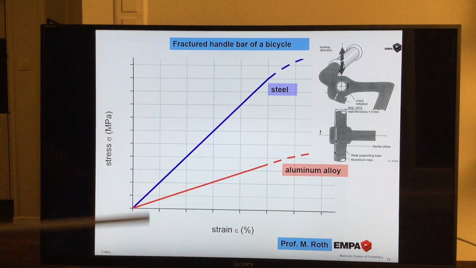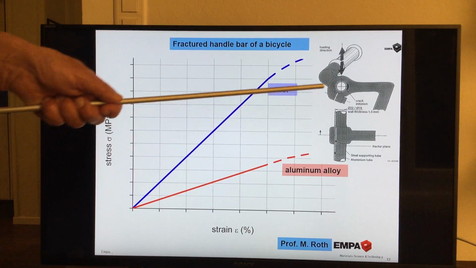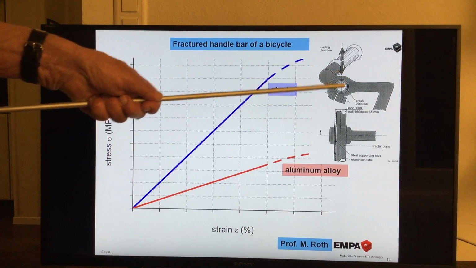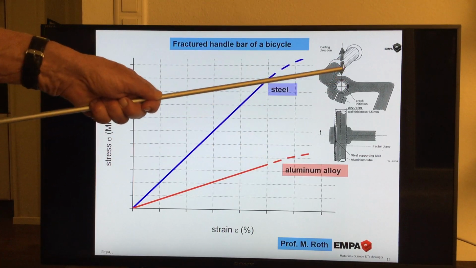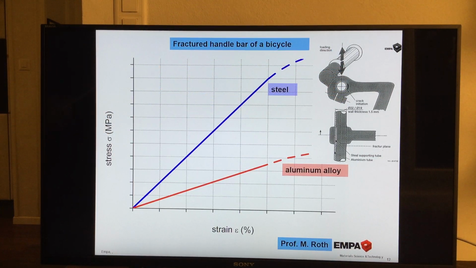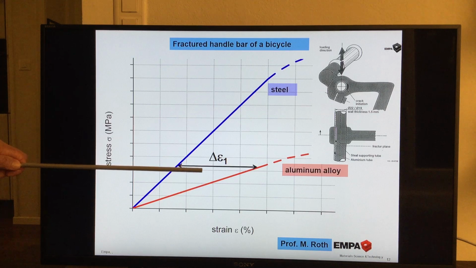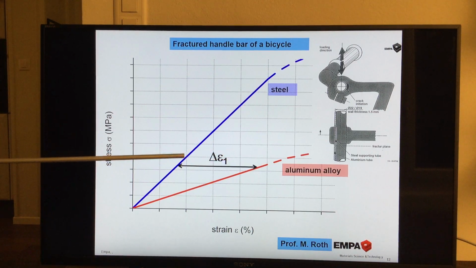So we imagine now, and I remember, that was a point of the design, which is shown here, that these two, the aluminum alloy and the steel inlet, are fixed by this screw, tied together. But anyway, when you put a loading on this, let me say doing bicycling, the stress is at this level, that means there is a difference in deformation.